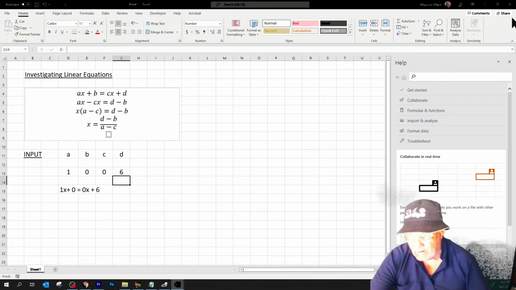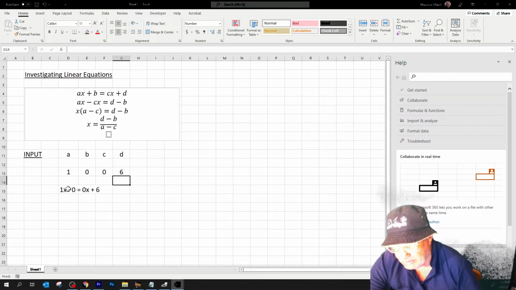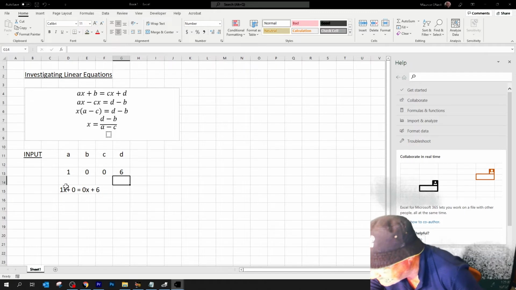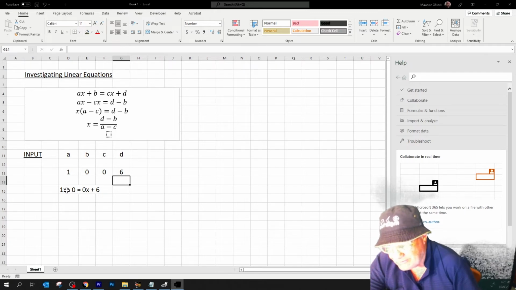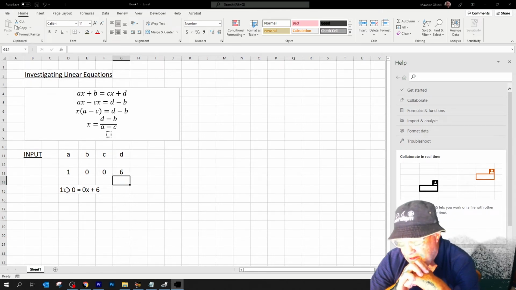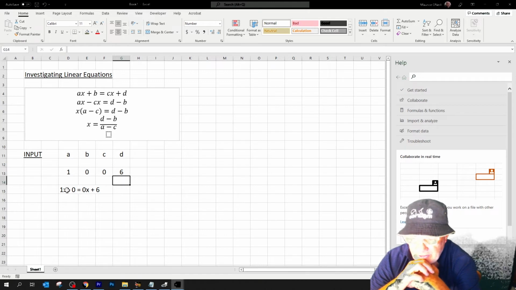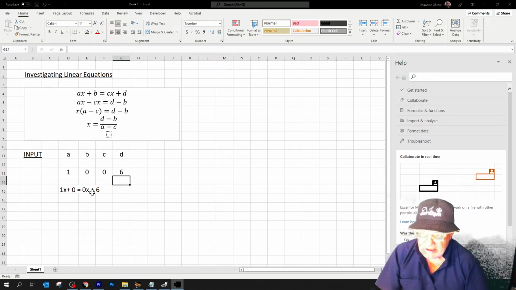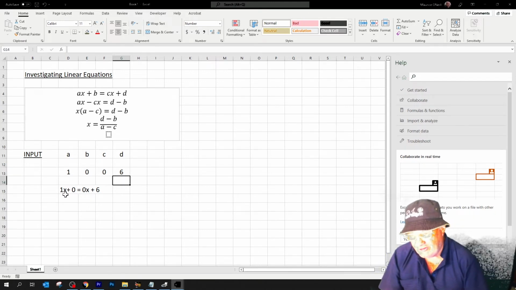Now, obviously, with a little bit of coding and things like that, you possibly could get it so that it writes the equation.